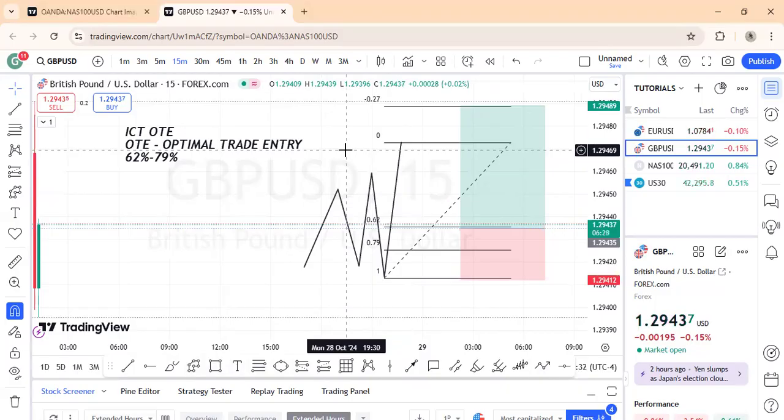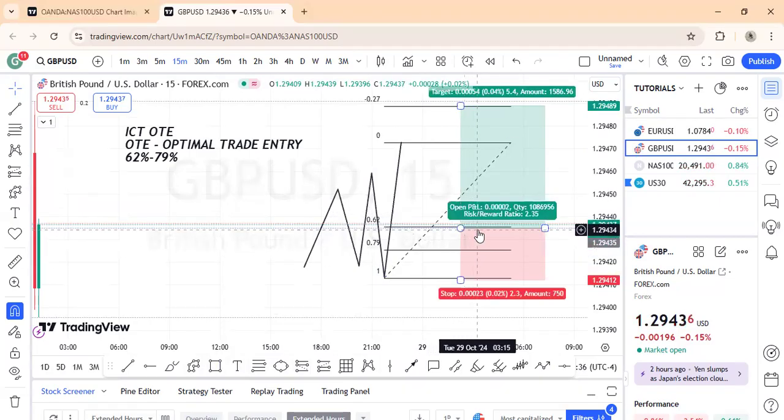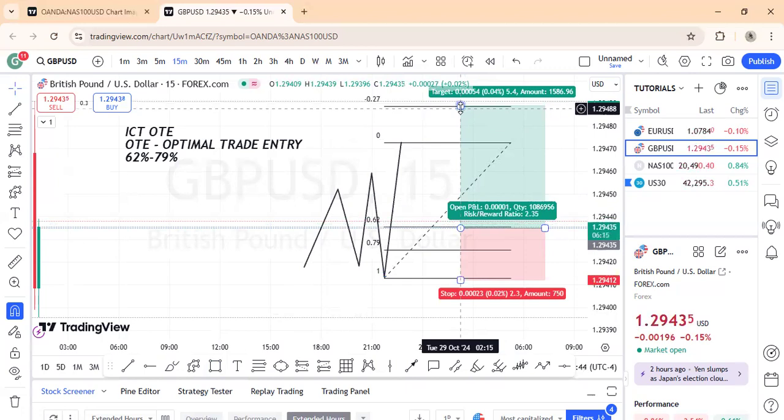This is just the summary: from this entry at 62 to that take profit, which is a Fibonacci extension level. In this method, you're not using other blocks, nothing apart from fib levels. You use your fib levels for your entry and for your take profits.